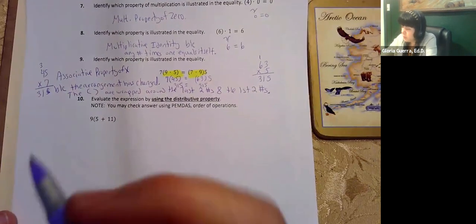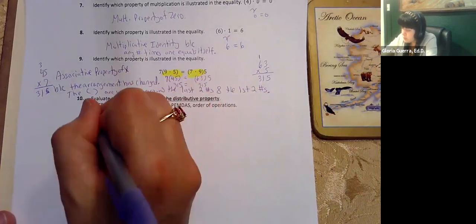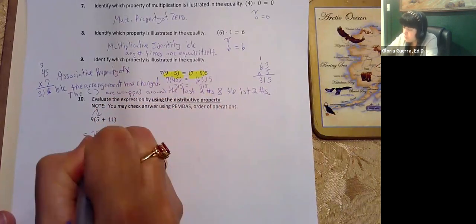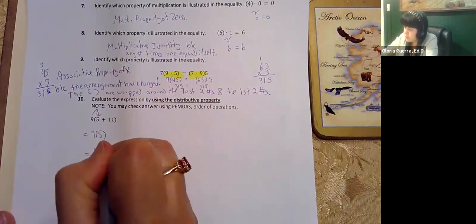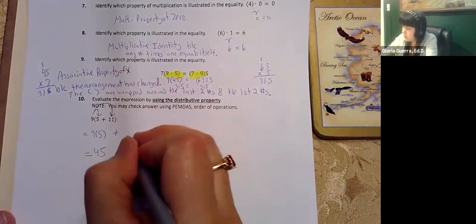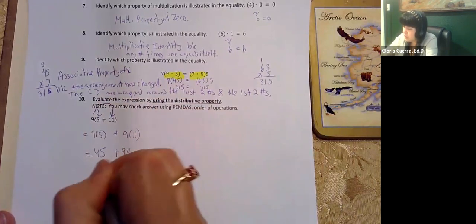Okay, and so now I'm going to work this out. So I'm going to do the distributive property. I'm going to do 9 times 5, show some work, which is 45. And then I'm going to do this other distributive property, and I'm going to calculate 9 times 11, which is 99.